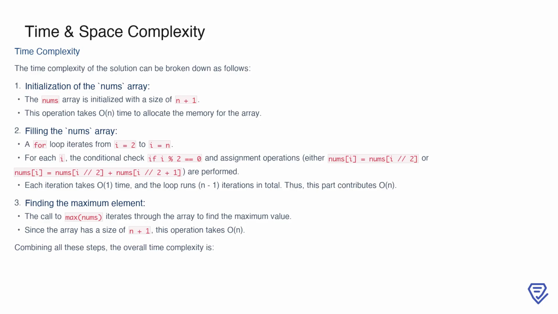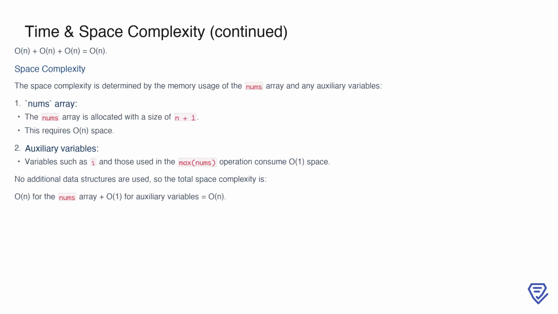Both of these operations are constant time, O(1), and since the loop runs n minus 1 iterations, filling the array contributes O(n) overall. Lastly, we need to find the maximum value in the array using the max(nums) function. This requires a single traversal of the array, which again takes O(n) time since the array has n plus 1 elements. When we combine these steps, we see that all parts contribute linearly to the time, leading to an overall time complexity of O(n). Adding up the time complexities from each step, we get O(n) plus O(n) plus O(n), which simplifies to O(n).